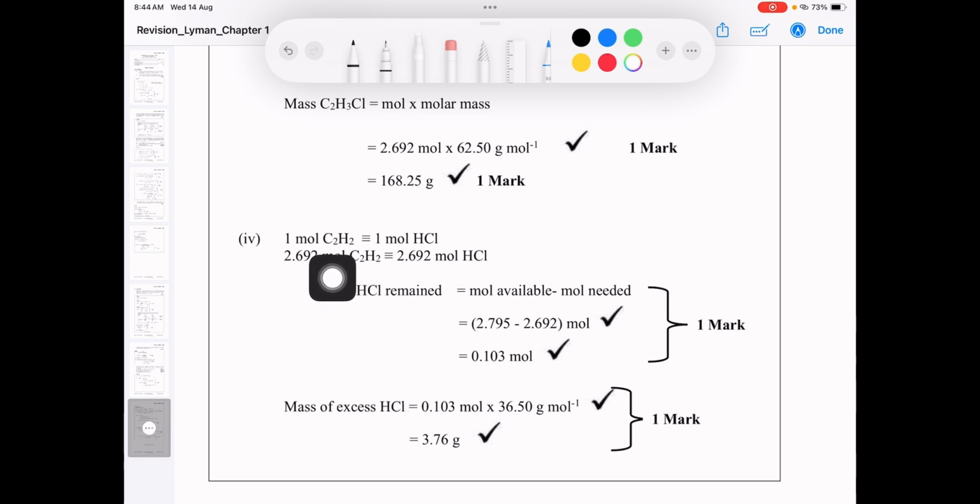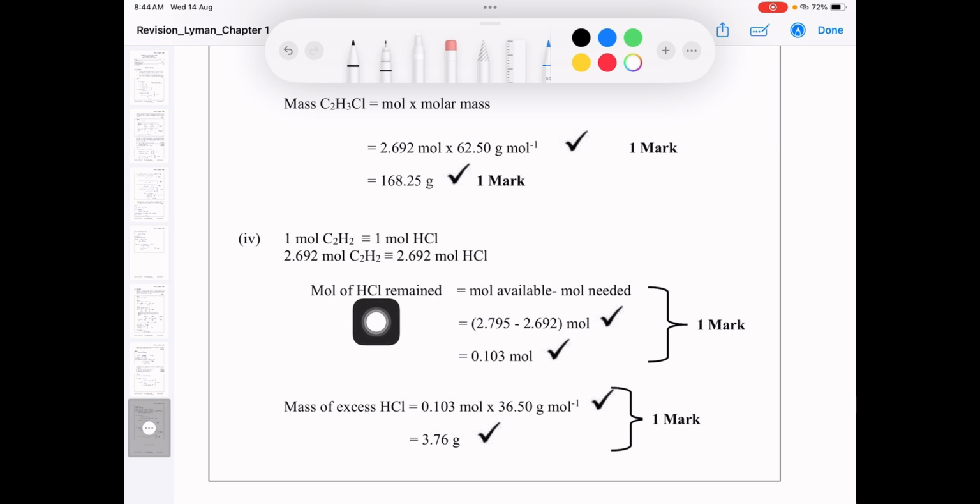Okay, question number 4, calculate the mass of HCl remaining, which is the excess reactant. So compare from the equation: 1 mole of C2H2, the limiting reactant, reacts with 1 mole of HCl. If 2.692 mole C2H2 is available, it reacts with 2.692 mole of HCl, which is the number of moles of HCl reacted.